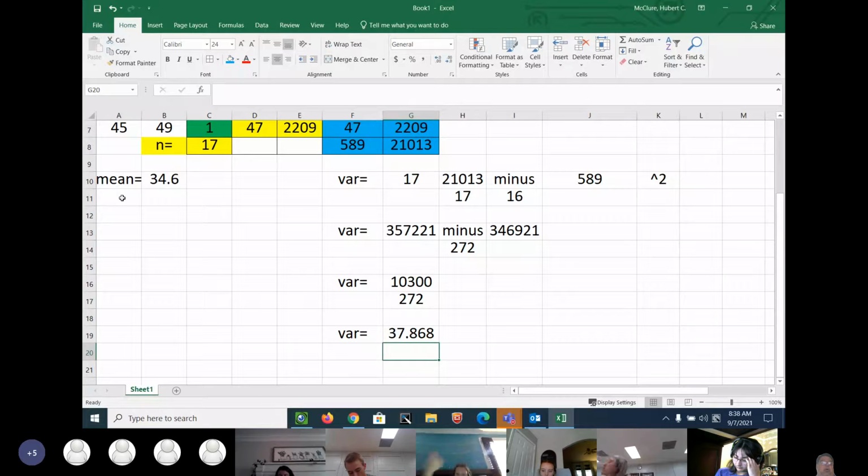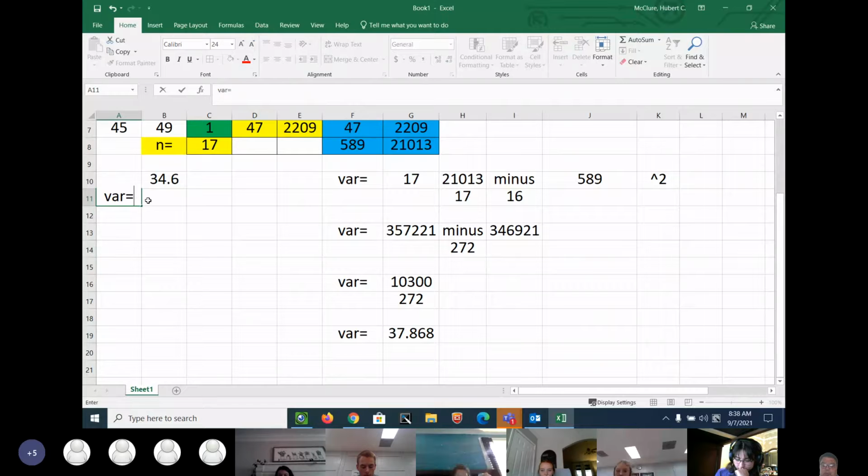Good job. Y'all are winners. So variance is equal to that number right there. And of course, the standard deviation is equal to that number raised to the 0.5 power.